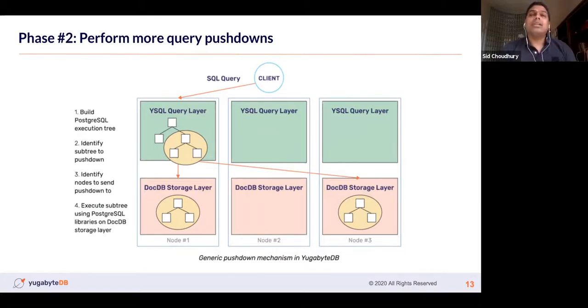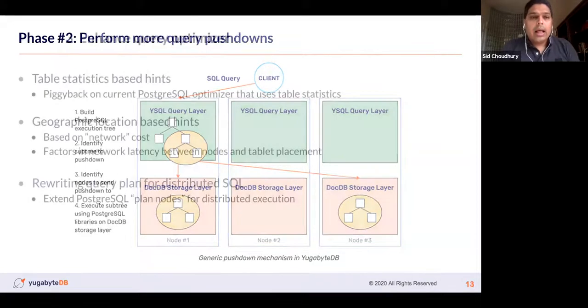This is an ongoing work where we have made tremendous progress since the project started, but we continue to push the envelope on this aspect so that we are pushing the processing logic close to the data, as opposed to moving the data over network close to where the client is, right? If you push more data on the network, naturally your queries will slow down.